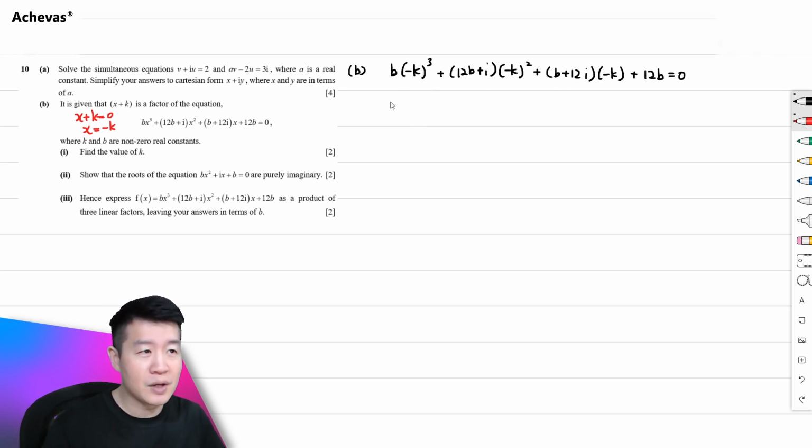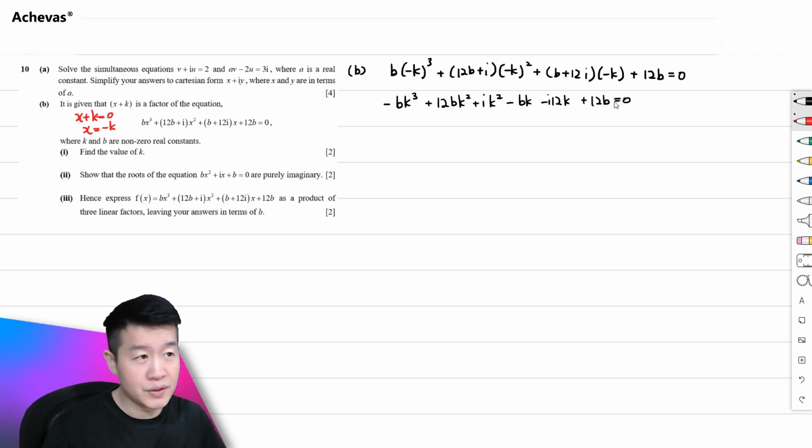On the left hand side, we have a minus bk to the power of 3, and minus i squared is plus, so I have a plus 12bk squared plus i of k squared. Then this is minus bk and minus 12k minus i 12k. Then plus 12b. This is equal to 0.